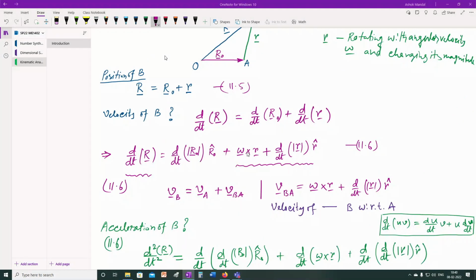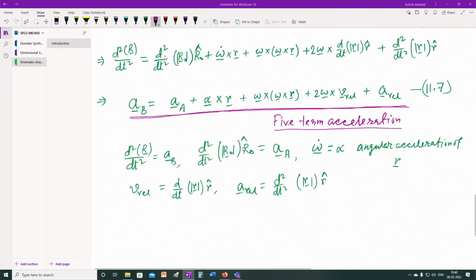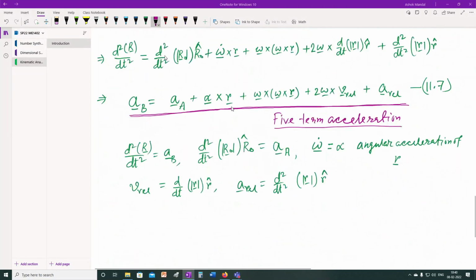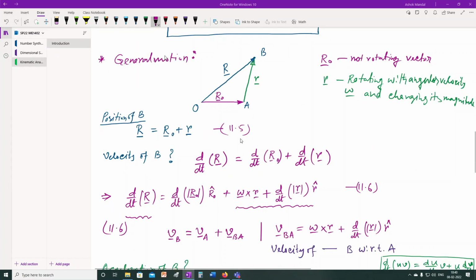From this part, you will get the velocity of point B with respect to A. Similar thing happens for the acceleration. This whole part is the relative acceleration, the acceleration of point B with respect to A. And this gives you the acceleration of point A. That is the purpose of this R0.